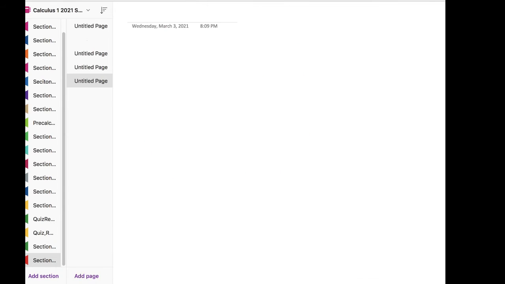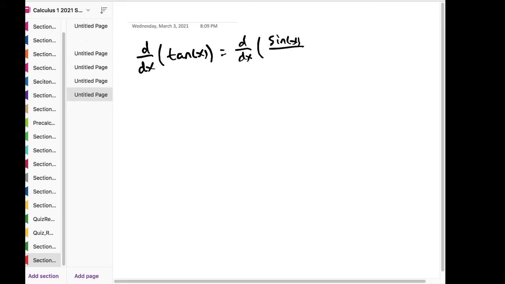So now we know how to take the derivative of tangent. Okay, so I'll write the derivative again of the quotient. Okay, so let's do it.